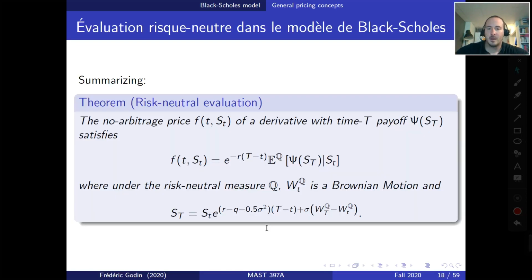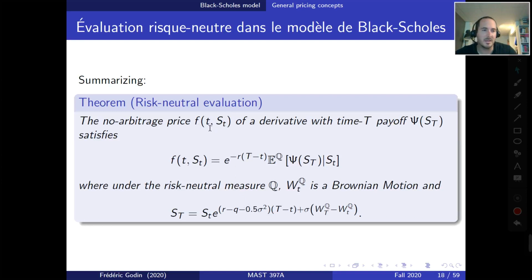Okay. So summarizing all the results and collecting them together, we have the following theorem, which is the main result used to value derivatives in the Black-Scholes market. Here in the Black-Scholes market, the no-arbitrage price of a derivative will be denoted by F(t, S(t)).